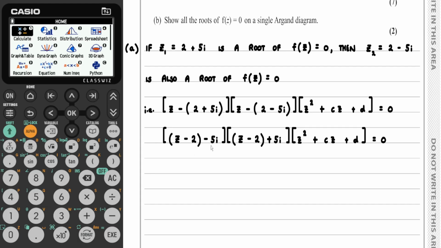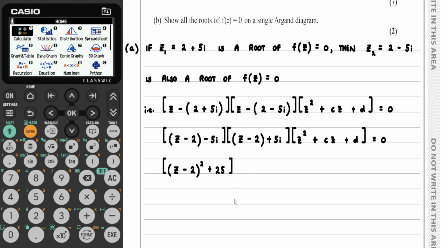Z subtract 2 subtract 5i multiplied by z subtract 2 plus 5i, here we have a difference of 2 squares. So we can rewrite this as z subtract 2 squared, and then we have negative 5i multiplied by positive 5i, which is positive 25.